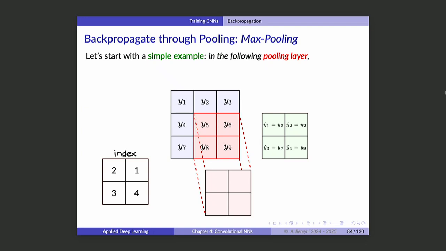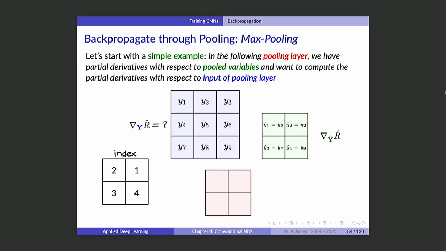So I did pooling, I got into this one. Now what is the problem that I have? I do know what is the gradient with respect to y hat, right? So I got from this guy to this guy, right? I do know what is the gradient with respect to y hat. I do know this map, this index map here.